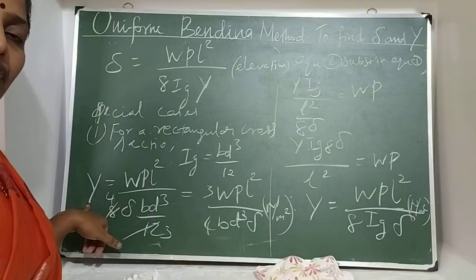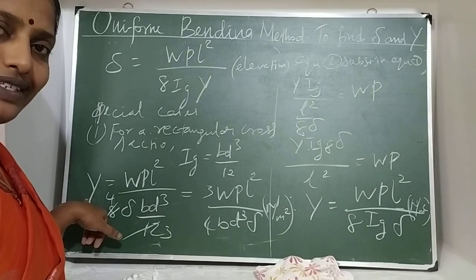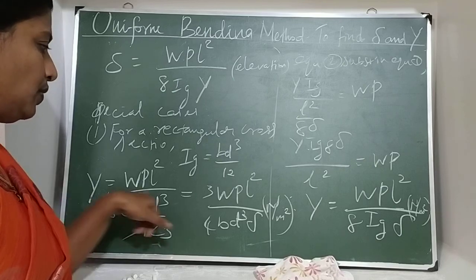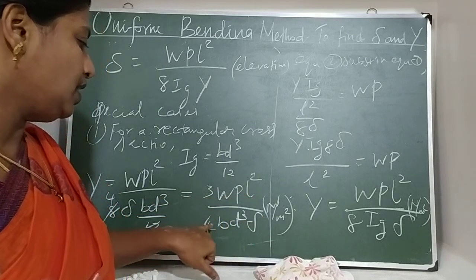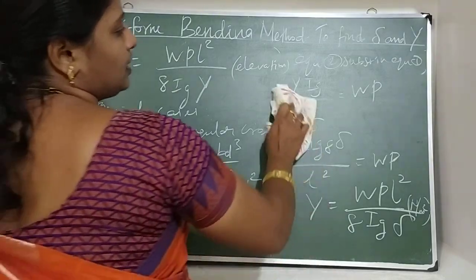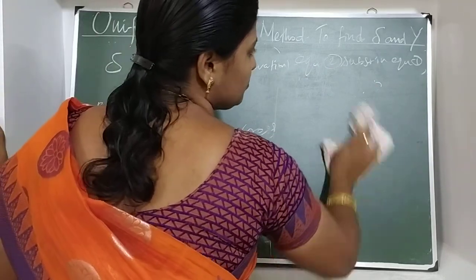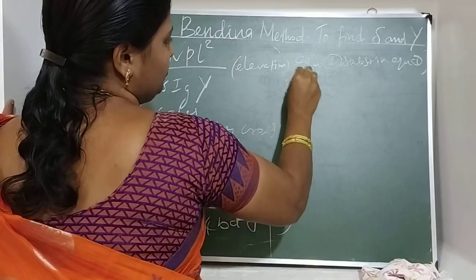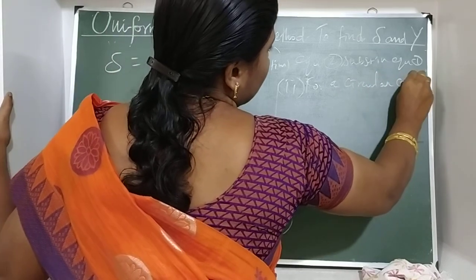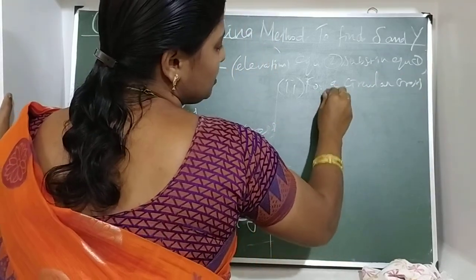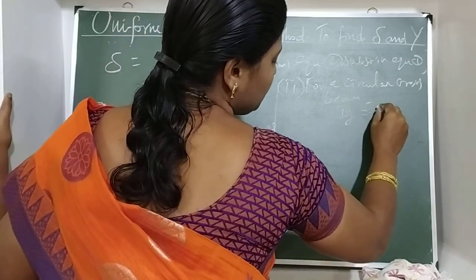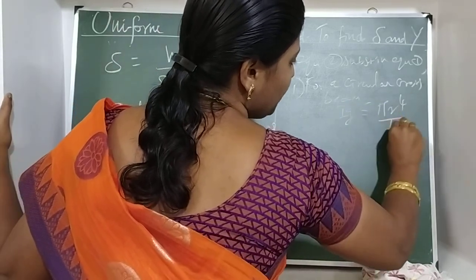The Young modulus is the constant ratio of the longitudinal stress to the longitudinal strain within the elastic limit. For the given scale beam the value is 3 WP L square divided by 4 BD cube delta. And then you can substitute for a circular cross-sectional area. For a beam with circular cross section, the geometric moment of inertia Ig is pi r power 4 by 4.